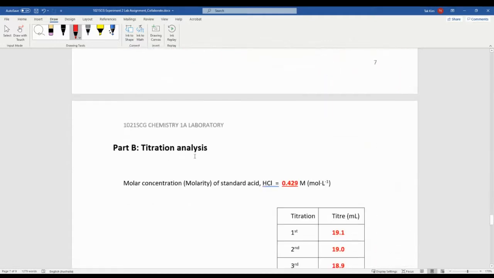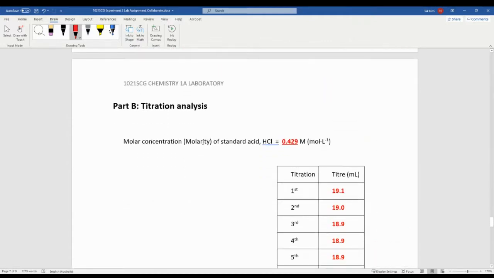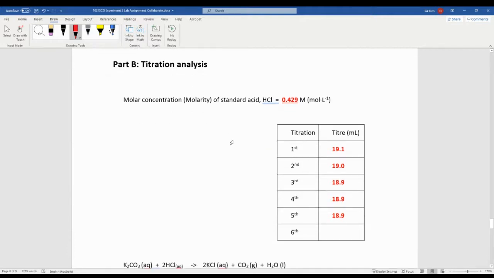Okay, so let's move on to part B. When it comes to titration, it is a different type of analysis. In the first one, we made the solid and then we weighed it. We measured the mass of your product to find out the concentration of your unknown.